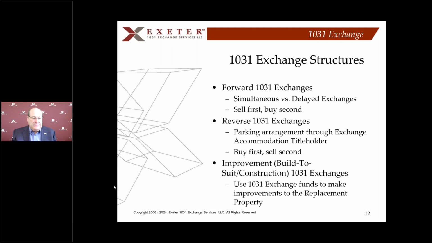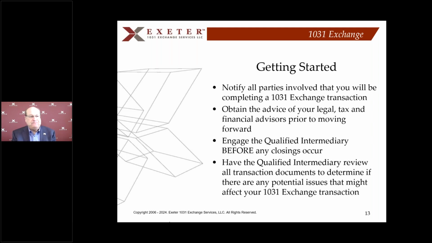You don't have to be completely done. It's possible to do part of the improvements, but it's very difficult, especially in certain states. The permitting process can take forever. So you don't see a whole lot of those because it is just a lot more challenging.